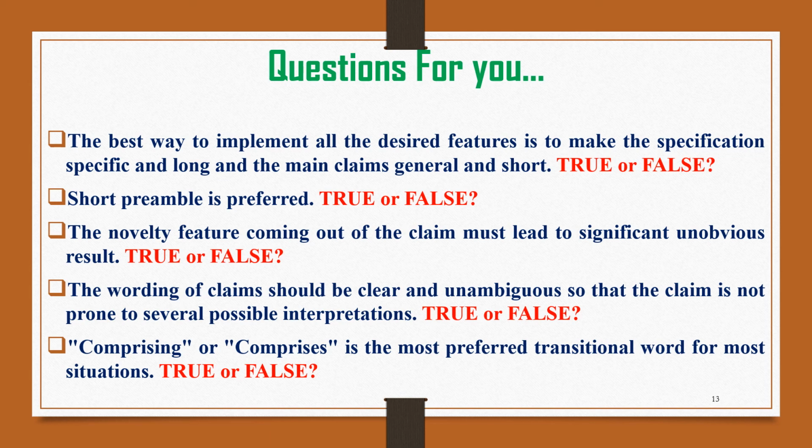The novelty feature coming out of the claim must lead to significant unobvious results. True or false? Question number 4. The wording of claims should be clear and unambiguous so that the claim is not prone to several possible interpretations. True or false? And the last, question number 5, is comprising or comprises the most preferred transitional word for most situations? True or false?